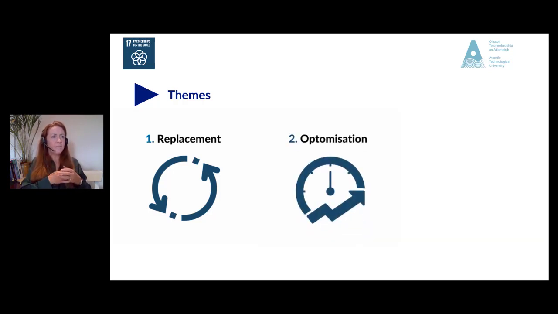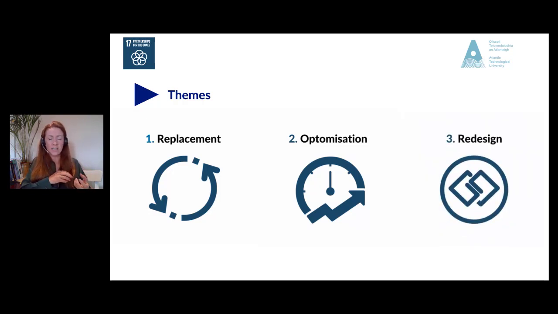Then optimization, that we can improve efficiency, that technologies can improve the processes we have because of data and automation. And the third area is redesign, that technologies can be used to reinvent or revolutionize a product or service and improve our business modelling.